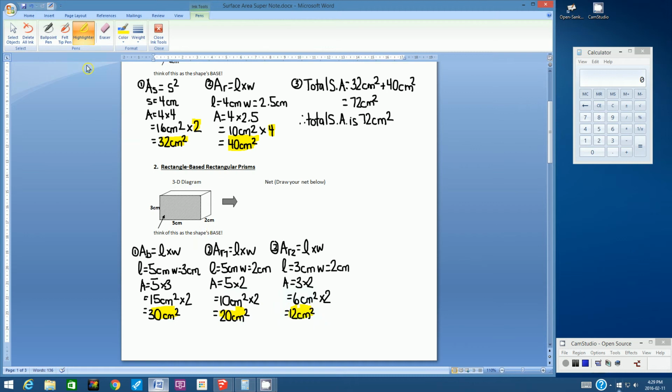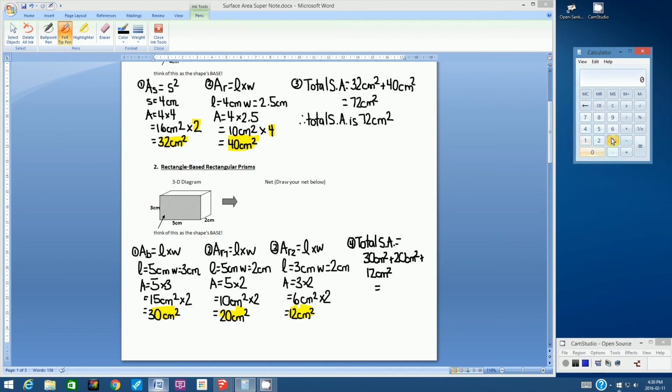All right, so let's total them together. So in our fourth step, total surface area equals 30 centimeters squared plus 20 centimeters squared plus 12 centimeters squared equals, so let's take out our calculators. 30 plus 20 plus 12, and I got a total of 62 centimeters squared.